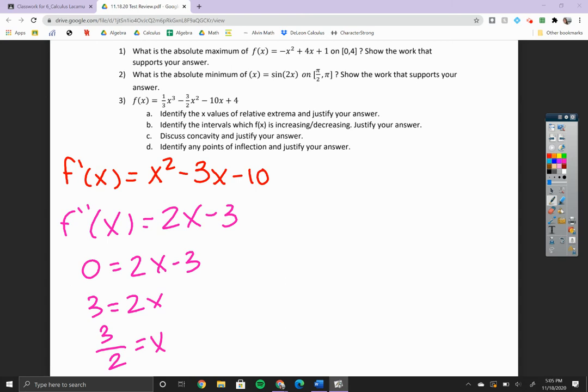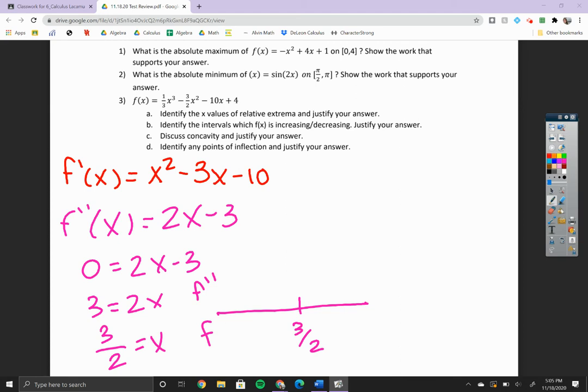I'm going to make another chart. This one I'm going to have f double prime on top and f on bottom. So you have 3 over 2. I still need to pick a number that is less than 3 over 2, and then a number that's greater than 3 over 2. So a number less than 3 over 2, 0, is the easiest one. And you're going to plug this back into the second derivative because we want the sign of the second derivative in that interval.